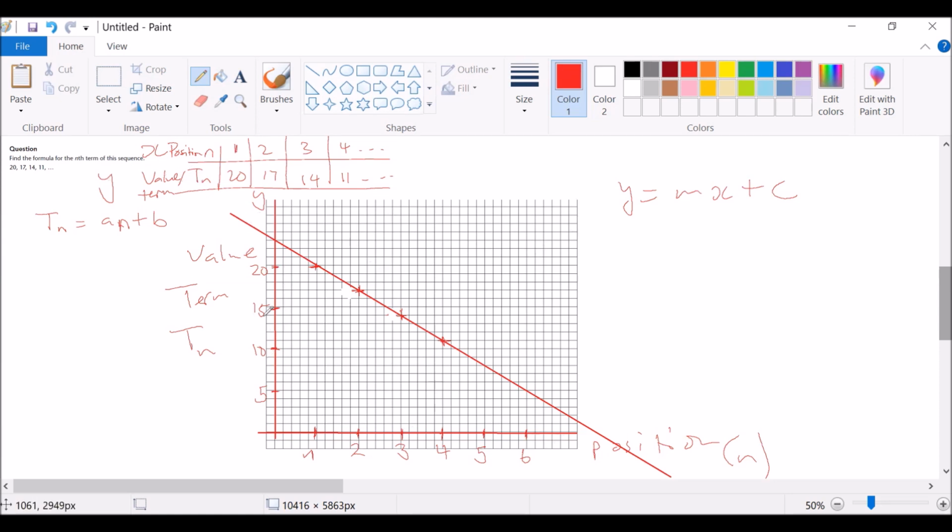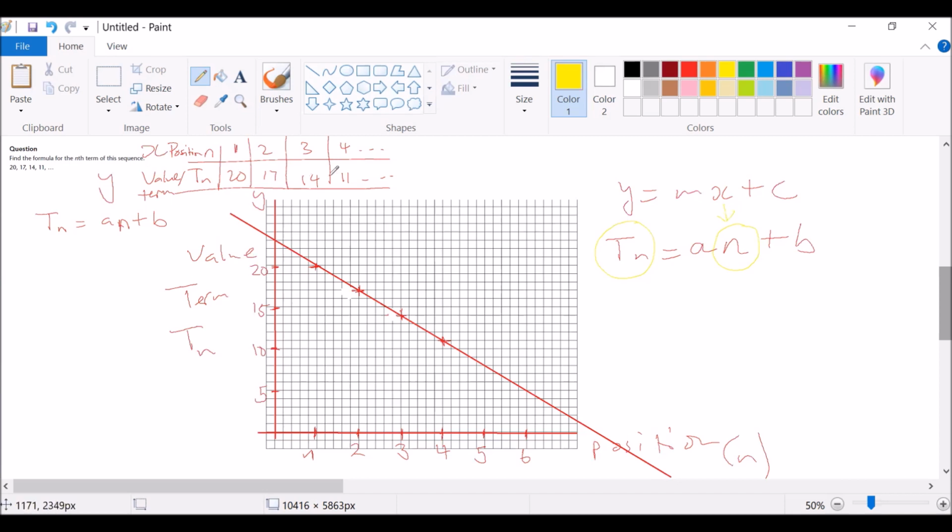So we can say Tn is equal to An plus B, which is the form that we will have for our linear sequence. The things that are varying are the term on the y-axis and the position on the x-axis.